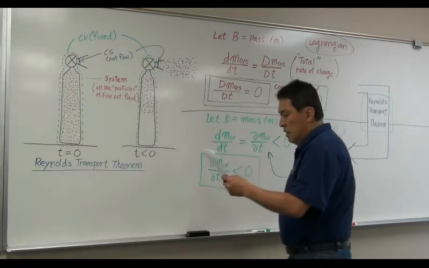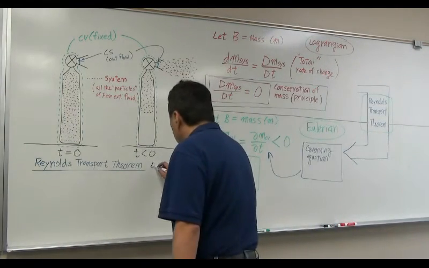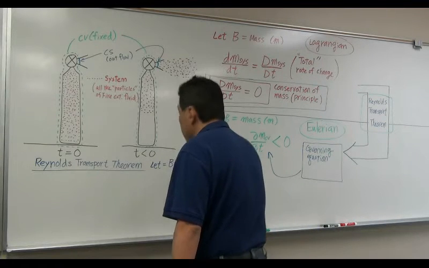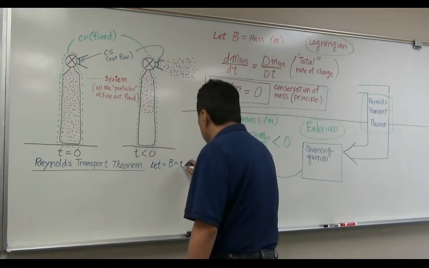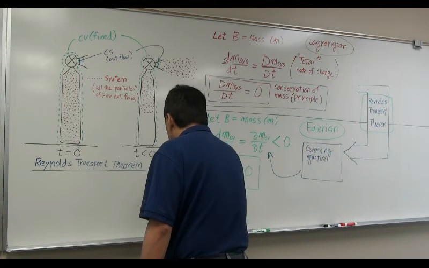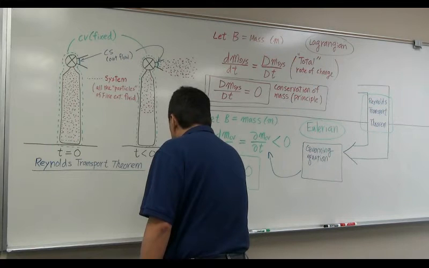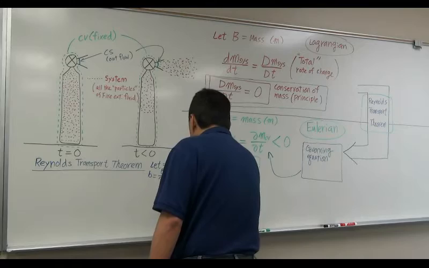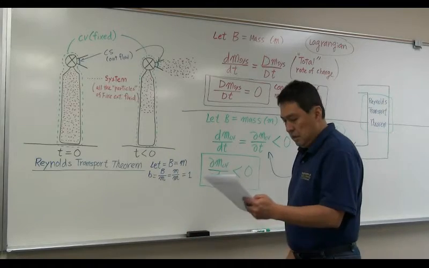Okay. Once again, the extensive property of the system is mass. So lowercase b is B over mass. In this case, mass divided by mass, which is 1. Okay.